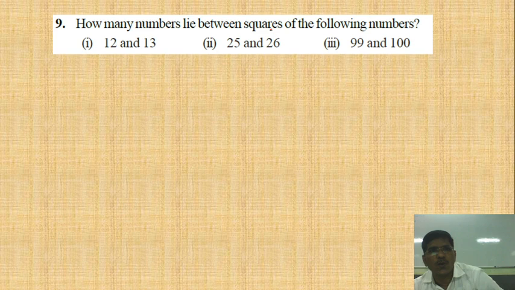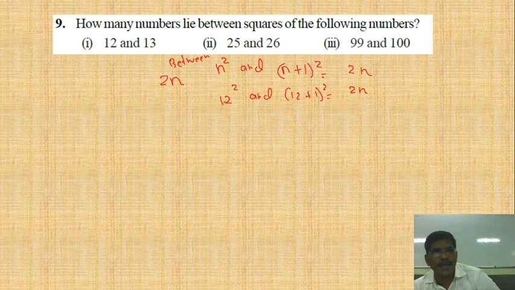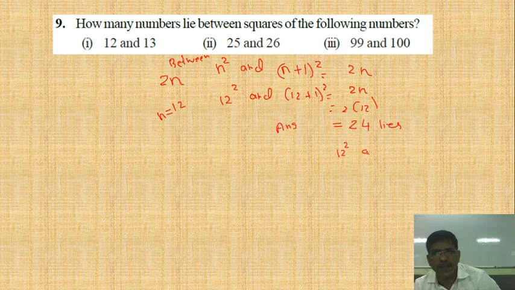So the answer is 2n. Here n is equal to what? 12. So 2 into 12, that is 24 terms. The answer is 24 terms lie between the squares of 12 and 13.